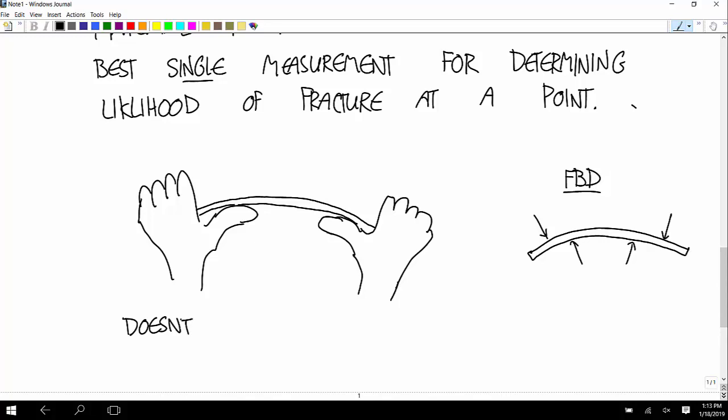So it doesn't break at the external loads. It breaks, and we can't say where in here it's going to break. That just depends on where you have little weak points or whatever.